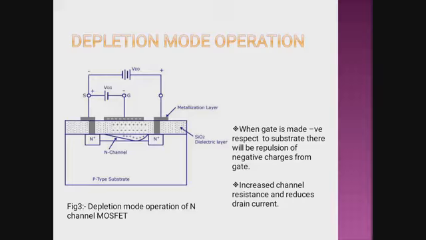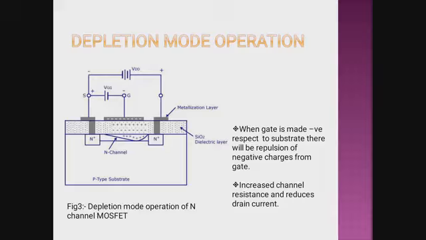So now, if the width of the depletion layer is increased due to the change of the polarity, due to the variations of the external potential in the gate terminal, the channel resistance is gradually increased.